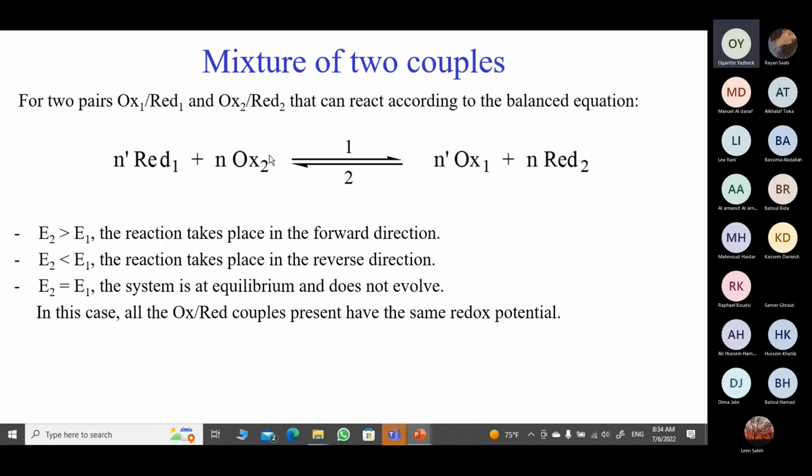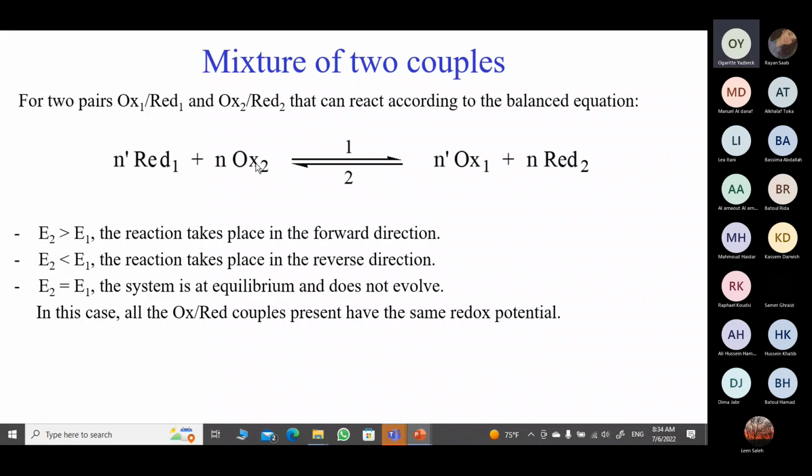For an overall reaction to go in the forward direction, that means that the oxidizing agent, OX2, should have a higher potential than the oxidizing agent, OX1. That means that this is the better oxidizing agent, and thus the reaction goes in the forward direction.